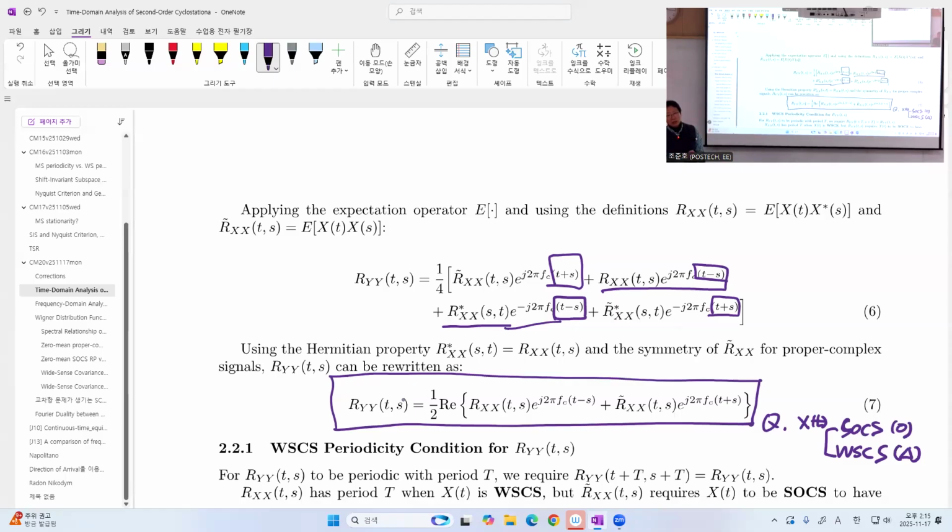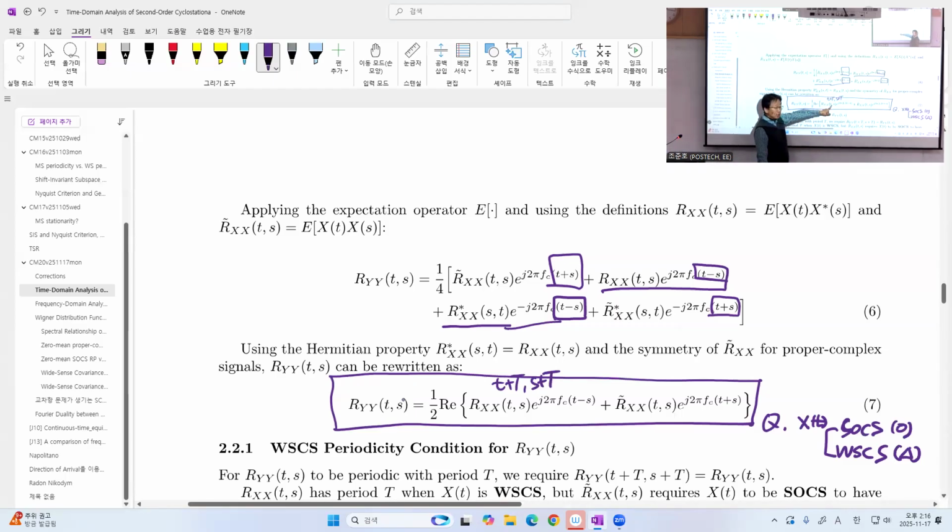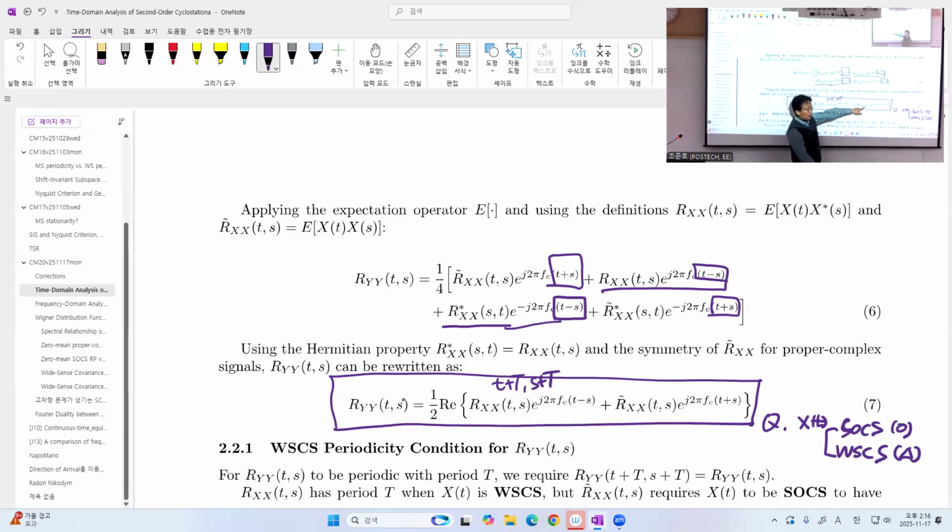The answer is no. Why? So we replace t with t plus capital T and s with s plus capital T. Fortunately, this factor doesn't change due to the assumption. That factor does not change thanks to the assumption. And this exponent does not change because we subtract s plus capital T from t plus capital T. So t cancels, right?